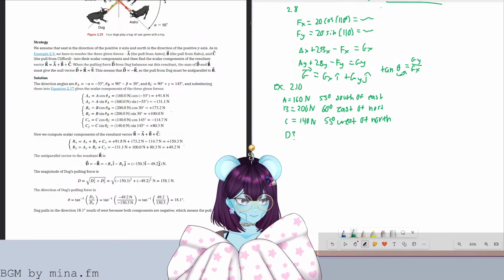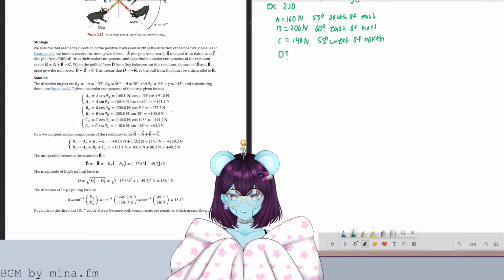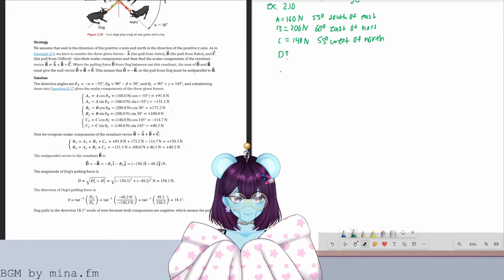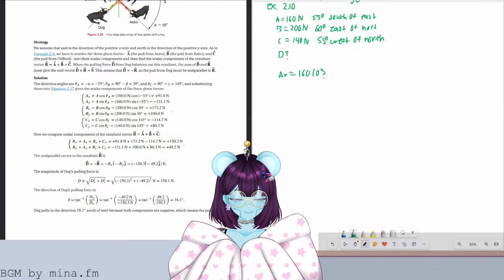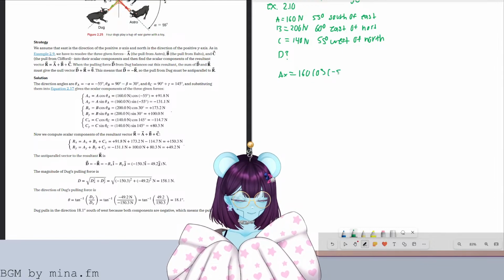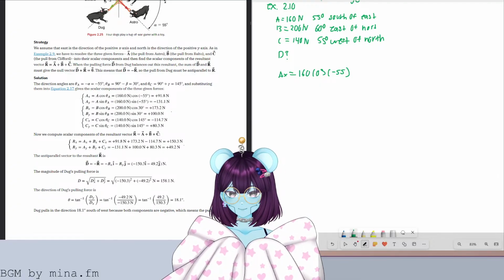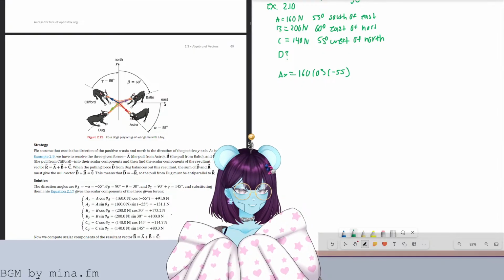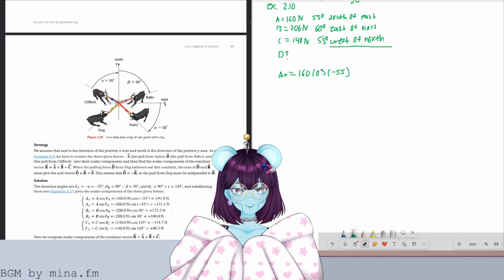Similarly to the other example, you just do the same thing. So we get A x, 160 cosine of negative 55. I guess the hardest part for me with this question is making this diagram. I struggle a lot with directions, and I don't mean the actual number of degrees.